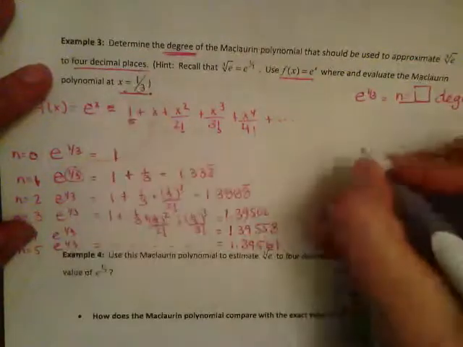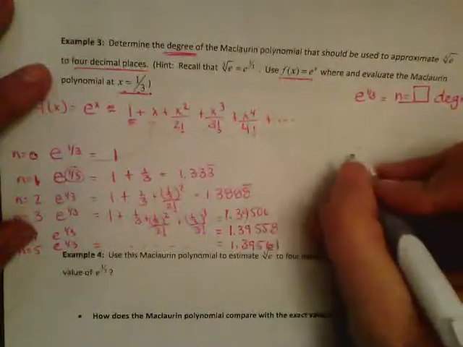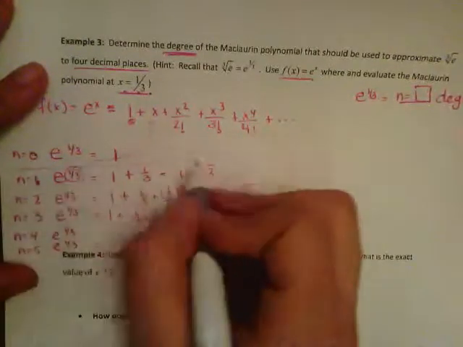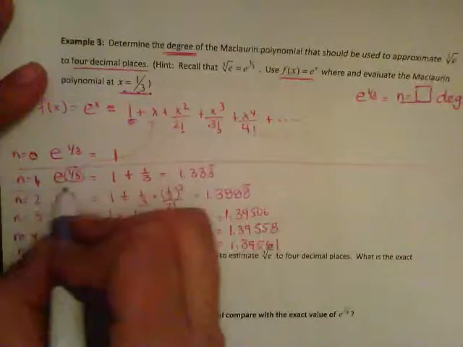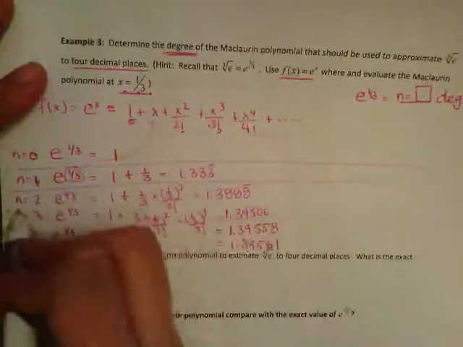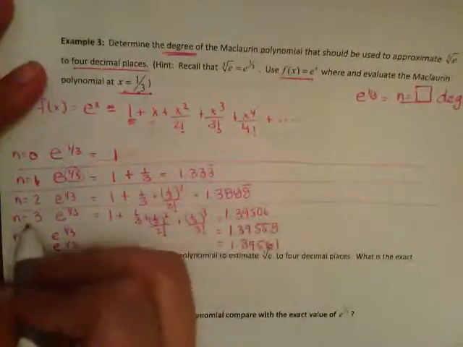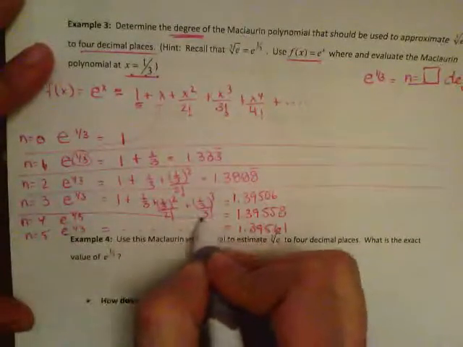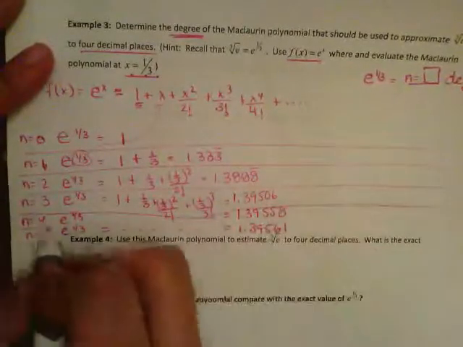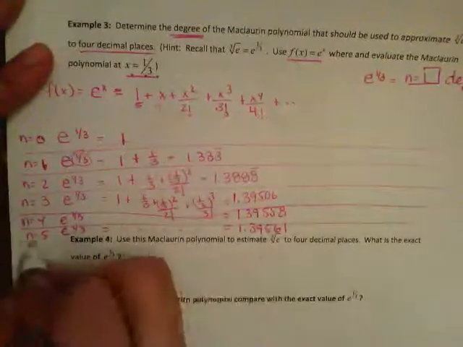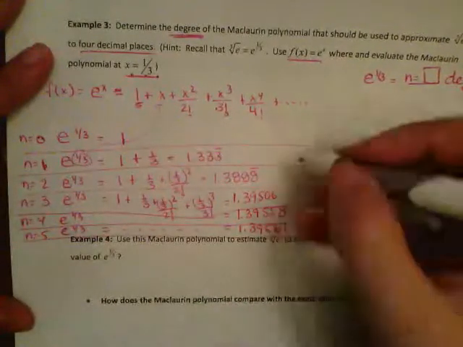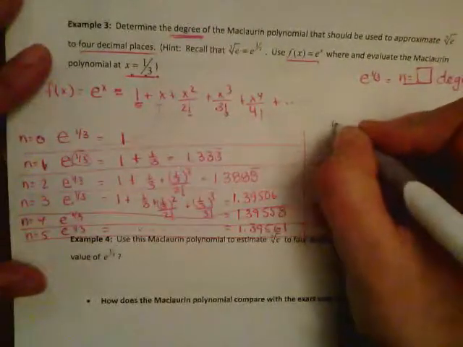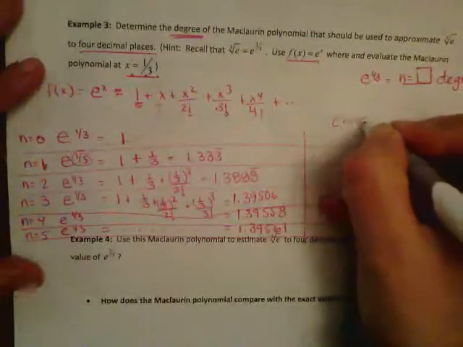Okay, so what that means is that we need to figure out our error as we go. So I'm just going to make a little table, and this is going to tell us our error.